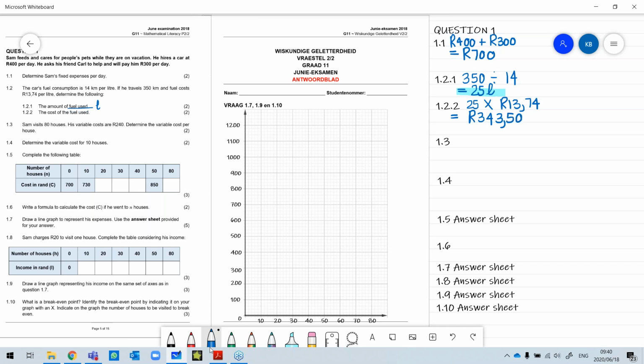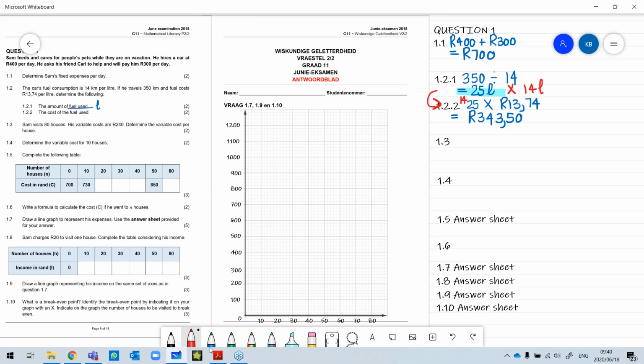Just for a piece of interesting information, if you were to get this answer wrong, say, for example, you've got 14 liters, that is the answer that you have calculated. You will not lose marks a second time in question 1.2.2. We will then substitute your incorrect answer into the space of 25, and we will then alter your final answer.